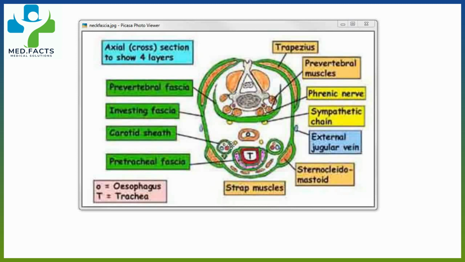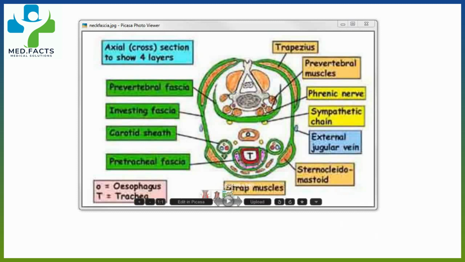So this neurovascular bundle has its own sheath, the carotid sheath. And then you've got the prevertebral fascia, which actually runs all the way back to enclose the vertebral column and the muscles associated with it. So you've got the prevertebral muscles, the anterior, middle and posterior scalene muscles, and the deep muscles of the back, which are enclosed by the prevertebral fascia.